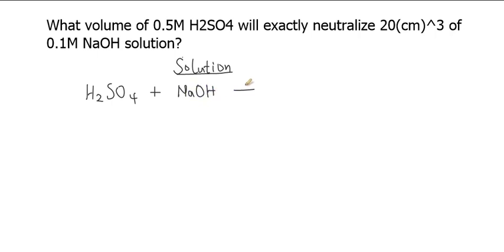This is going to give us a salt, sodium sulfate, Na2SO4, plus water, H2O. If you look at the chemical equation, we will discover that the equation is not balanced. That is, we do not have an equal number of atoms of each element on both sides. So what do we do? We balance the equation.